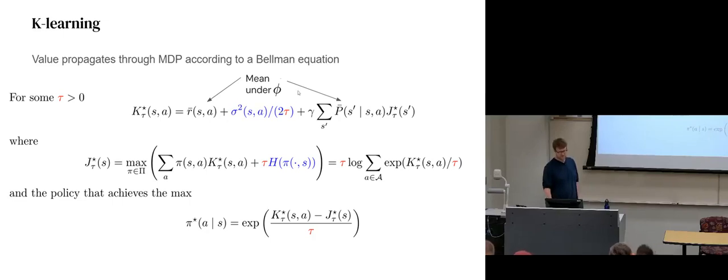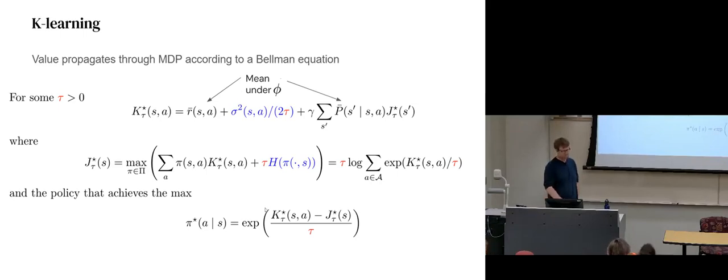So you have some mean reward plus some bonus that depends on the uncertainty, where the temperature appears, plus the value at the next step, and the value in this case is this softmax, this log sum exp, which is related to the policy by this convex conjugate relationship between log sum exp and entropy. And again, this policy is just the exponential, the Gibbs or the Boltzmann, over these K values.